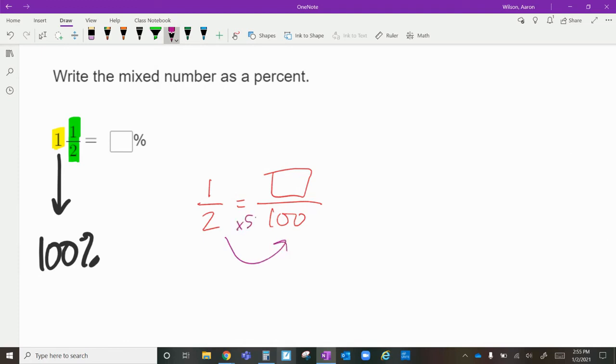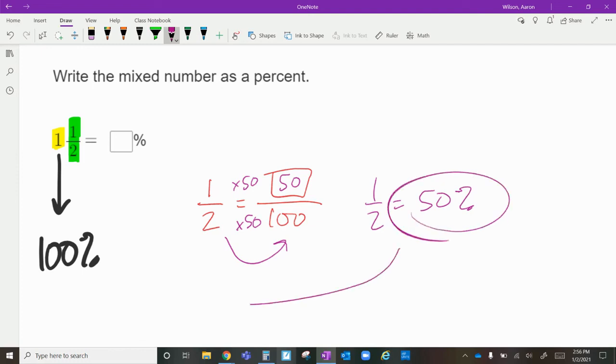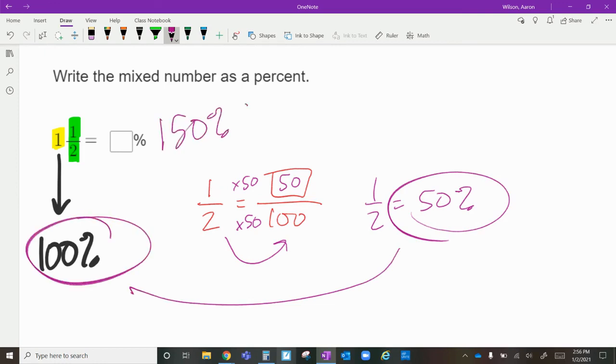That's multiplied by 50. But if you multiply the denominator by 50, you have to multiply the numerator by 50. 1 times 50 is clearly 50, which is why they say that 1/2 is the same thing as 50%. But now what's the whole thing? What's 1 and a half, or 1 1/2? You got to combine those two into 150%.